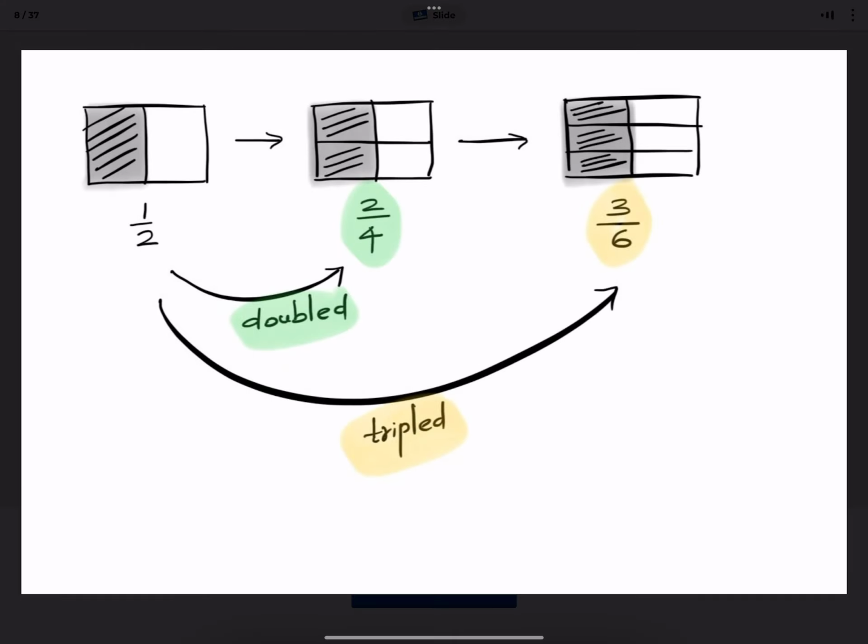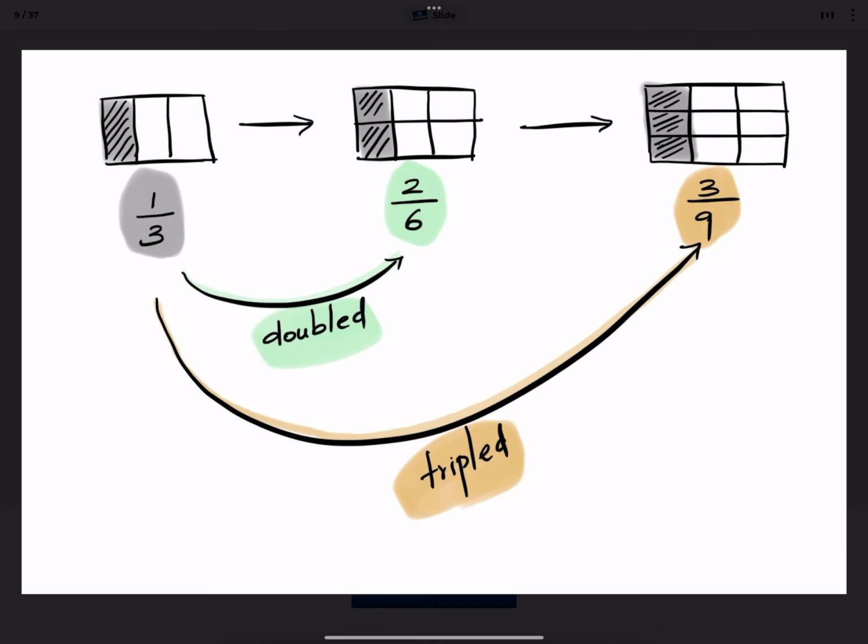Take a look at the fractions. You can see how the fraction 1 divided by 2, or 1/2, has doubled and then has tripled. Now you can see the fraction 1 divided by 3, or 1/3, has doubled to fraction 2 divided by 6, or 2/6, and then tripled to fraction 3 divided by 9.